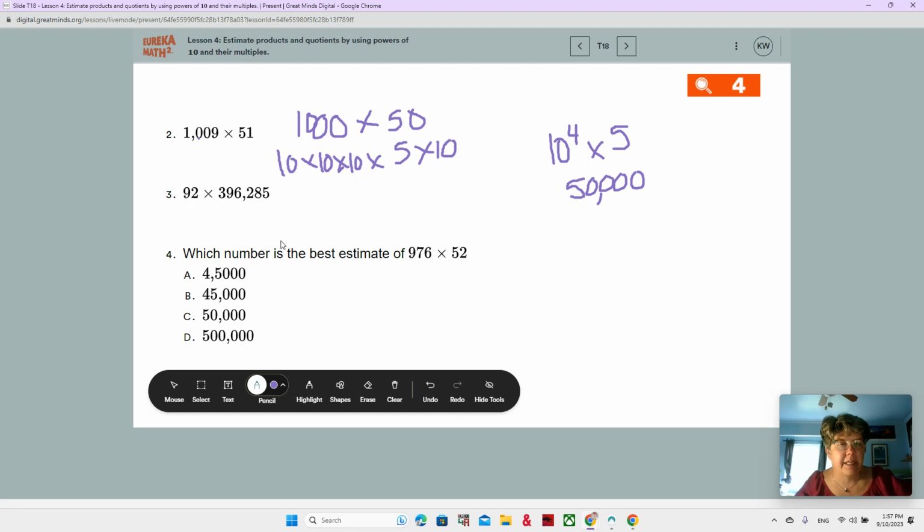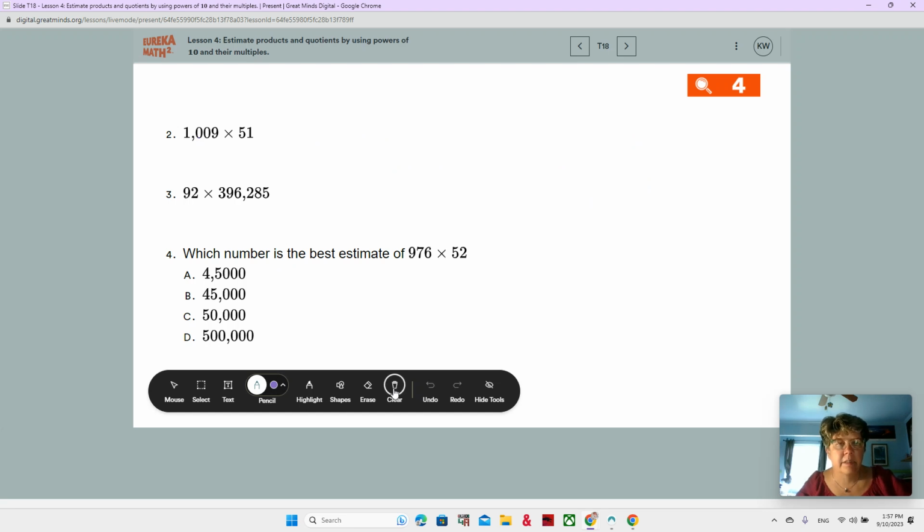Okay, so let's look at 92 times 396,285. See the 9? It's telling the 3 to go up to 4, right? So this can become 400,000. Maybe that's what you changed it to.